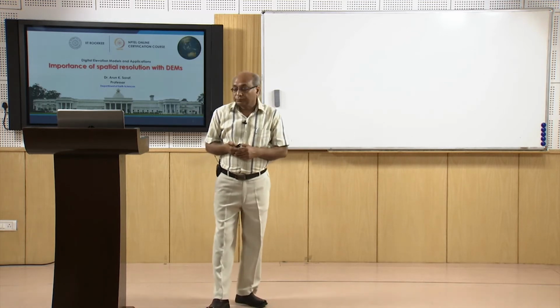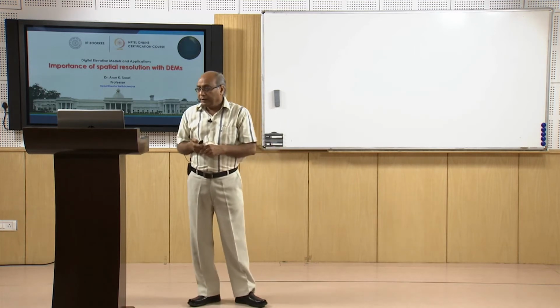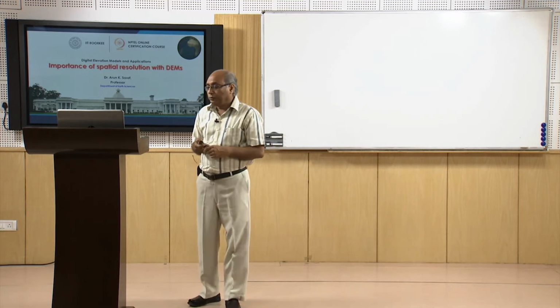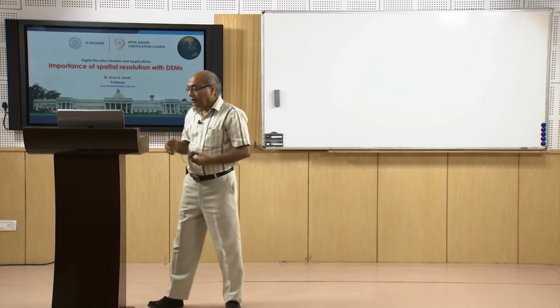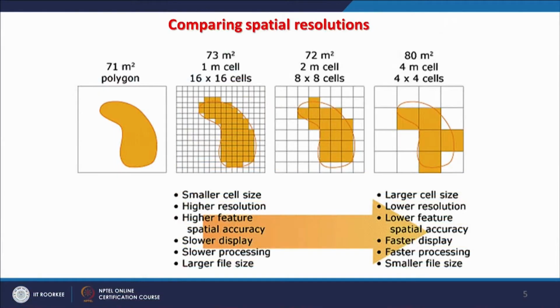These values will help us while using such products to derive other byproducts from them. Now, just comparing different spatial resolutions, what we can see here is an area of 71 square meter, which is a polygon.